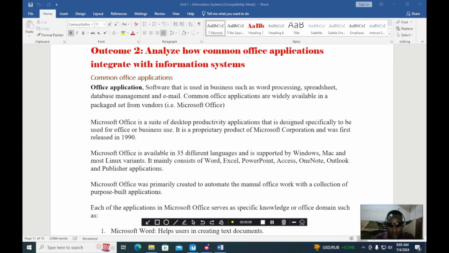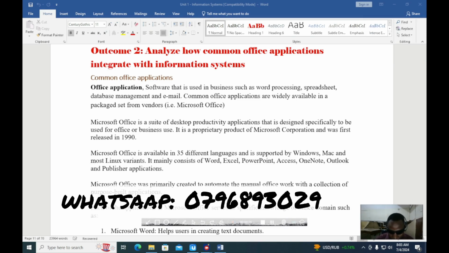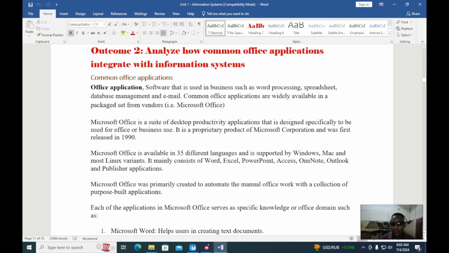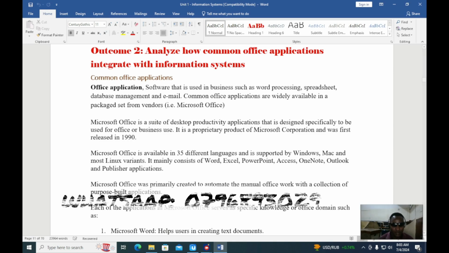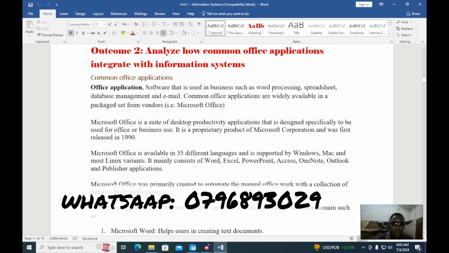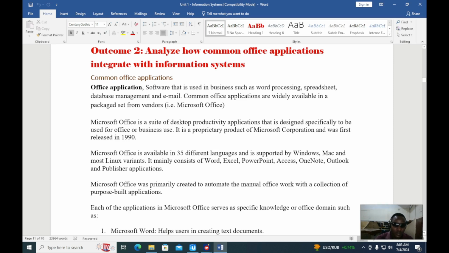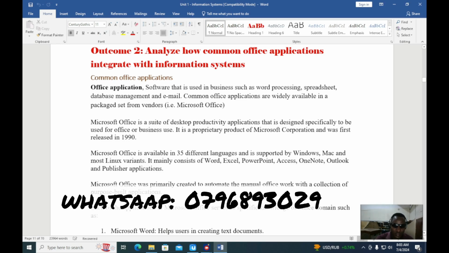The second outcome in information systems under the ABMA syllabus is to analyze how common office applications integrate with information systems.